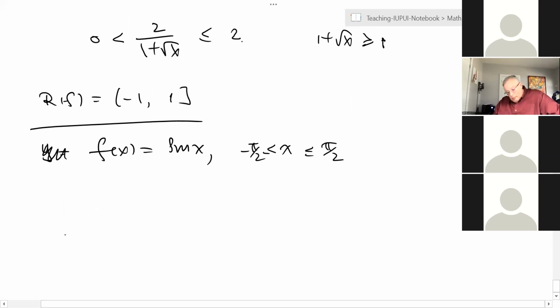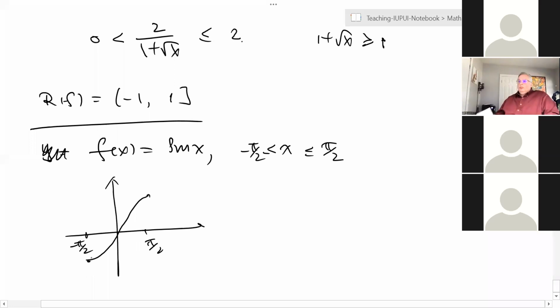So it is an increasing function. This is a picture.